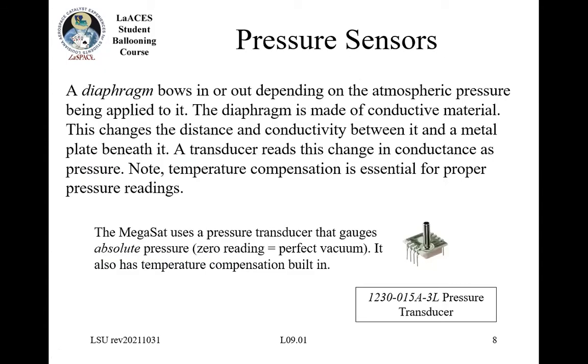Pressure sensors, usually the principle behind most pressure sensors is you have a pressure across something that's flexible, like a diaphragm in this case. And the difference in pressure causes that flexible object to deform. In this case, you have a diaphragm made out of a conductive material, and as it deforms due to a change in pressure, there's another piece below it with conductivity.